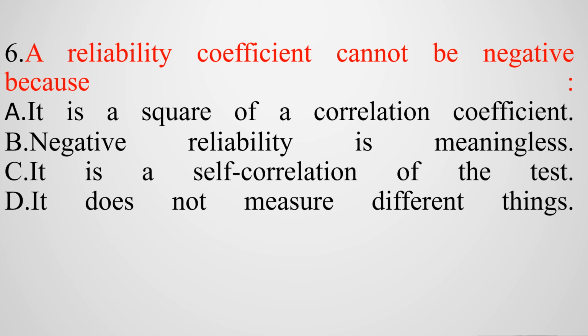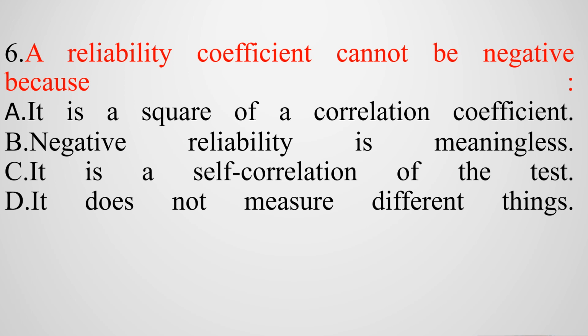The sixth one, the reliability coefficient cannot be negative because. So here, as per given options, it is a square of a correlation coefficient. Negative reliability is meaningless. It is a self correlation of the test.